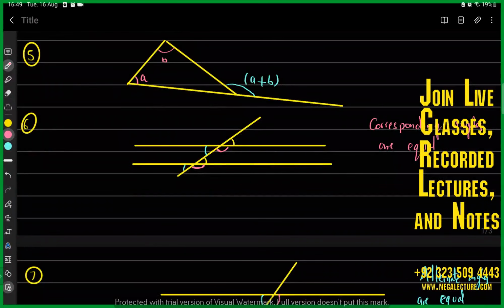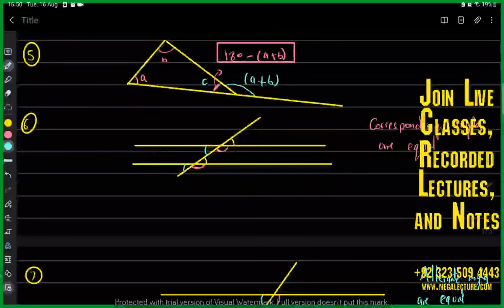If we look at this triangle, in order to find this angle right here, I would do 180 minus A plus B, and let's say that turns out to be C. Once you have C, you need to find this other angle, and you know that from here to here, it's a straight line.